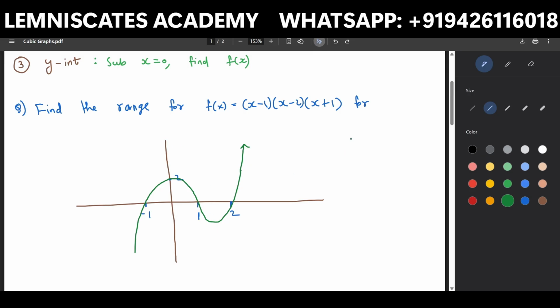You are aware that in your AS level syllabus there is a concept of dy/dx: once you find the derivative, equate it to 0, and then you are going to find at which two values of x you have the stationary points. Once you have the stationary points, you can find their respective y values by putting the stationary x values in the original function.